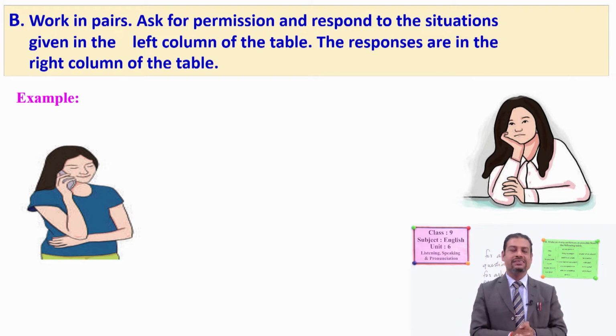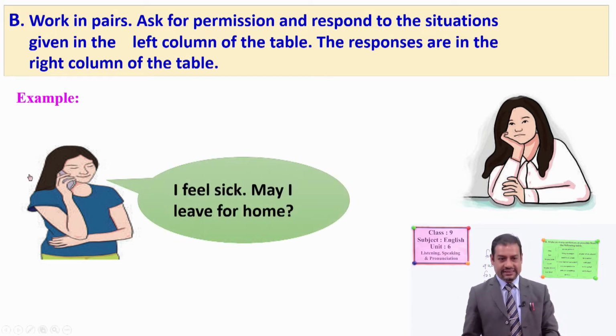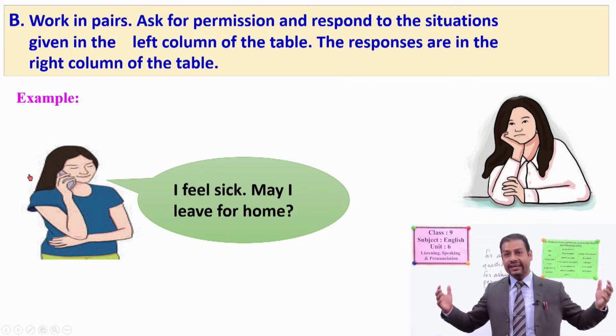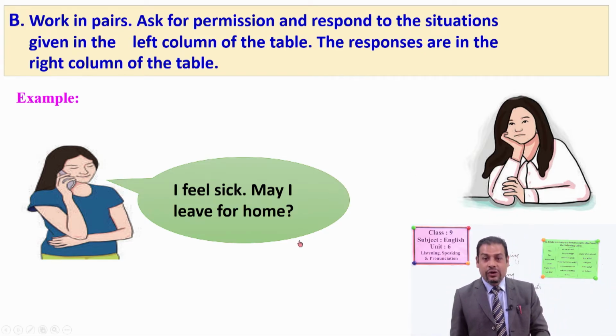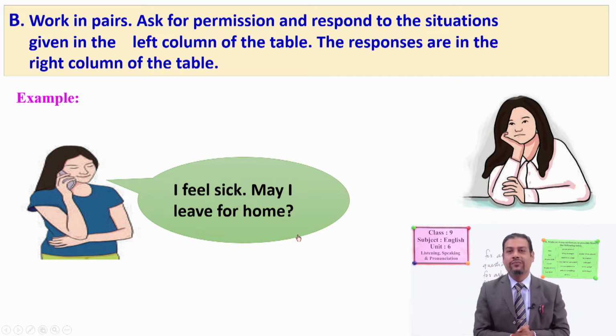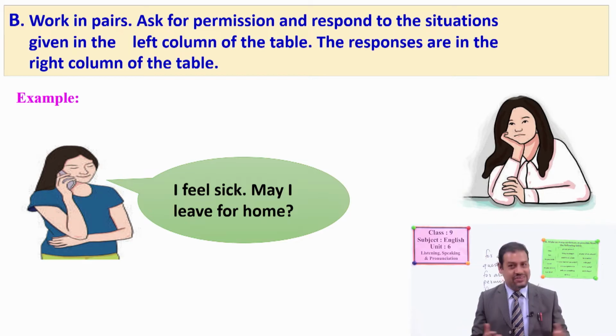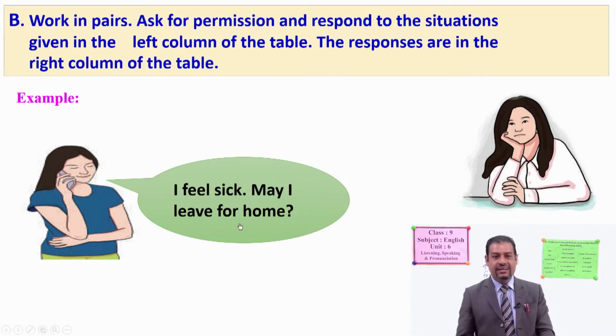Now look at this example. She says, I feel sick. May I leave for home? Now you can see the structure. Which structure is used for asking permission? I feel sick, is that? No. Then which one? Yes, that is, may I leave for home?